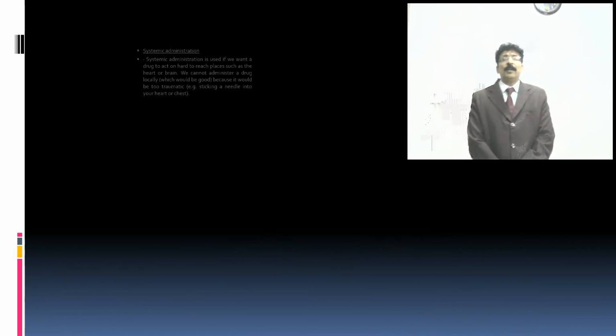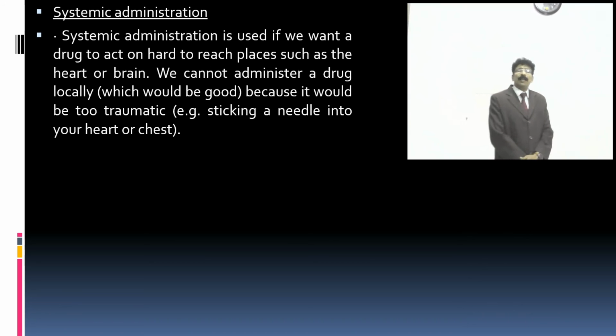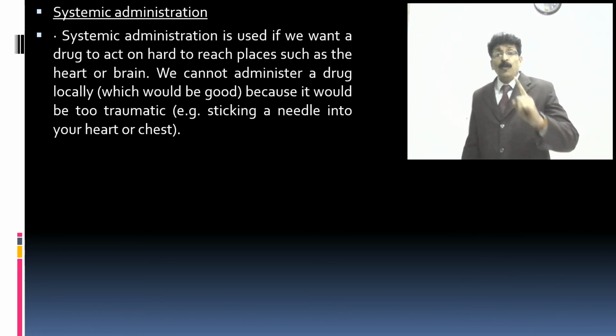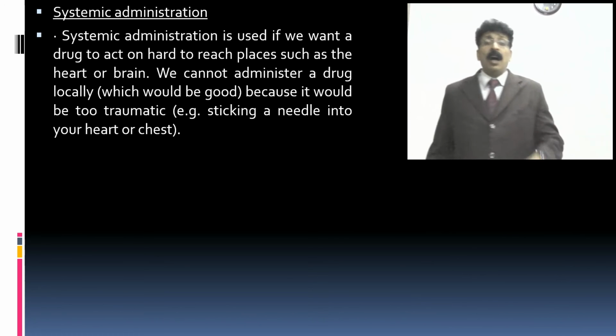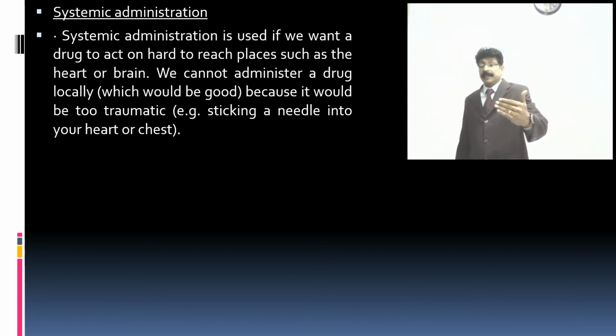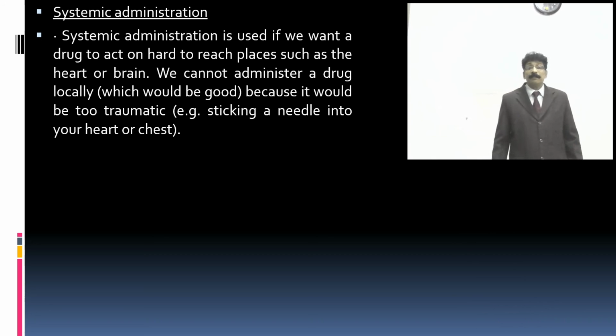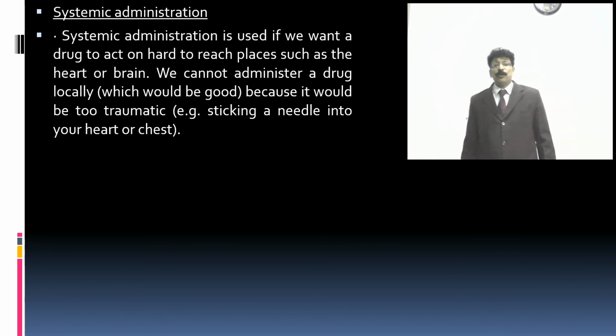So now systemic administration: what is it? It is used if we want the drug to act on a place such as the heart or brain. We cannot inject directly, we cannot administer the drug locally to these places.